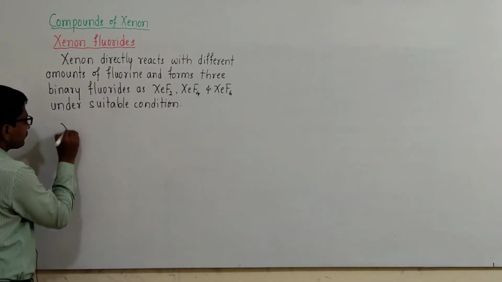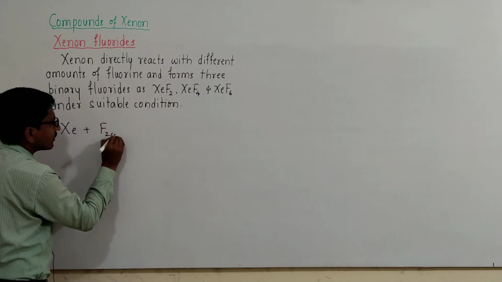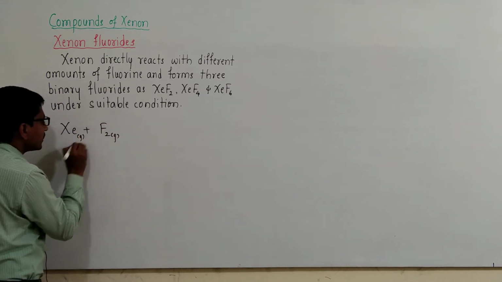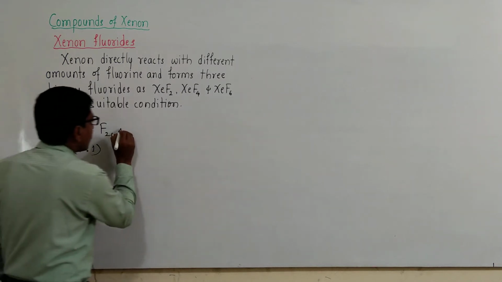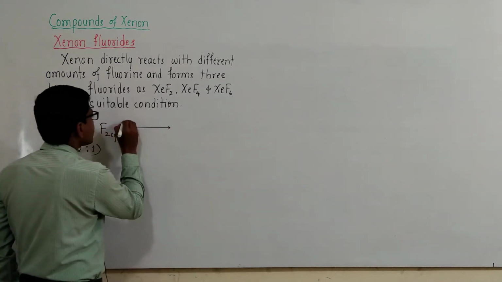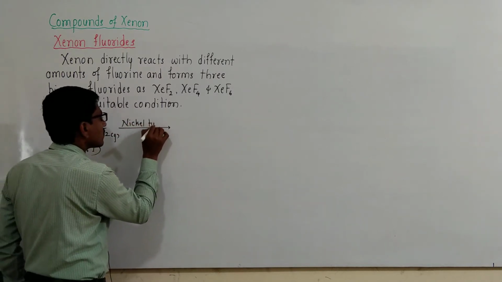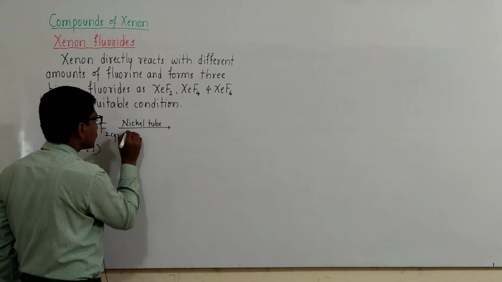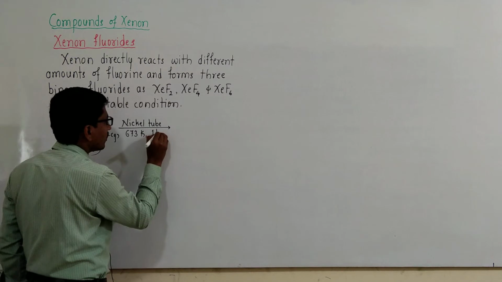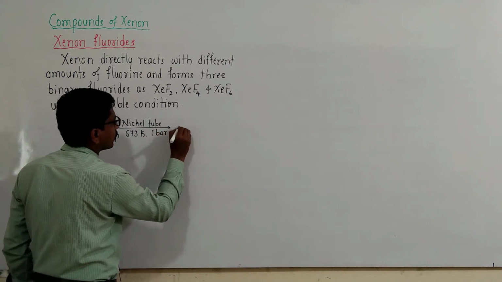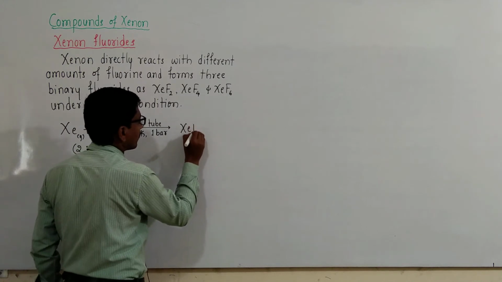Here, when xenon reacts with fluorine, these two are gases in the ratio 2:1, in presence of nickel tube at about 673 Kelvin temperature and 1 bar pressure to form xenon difluoride.